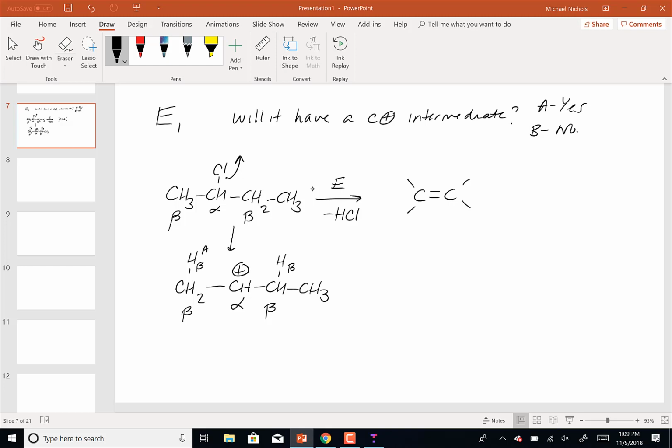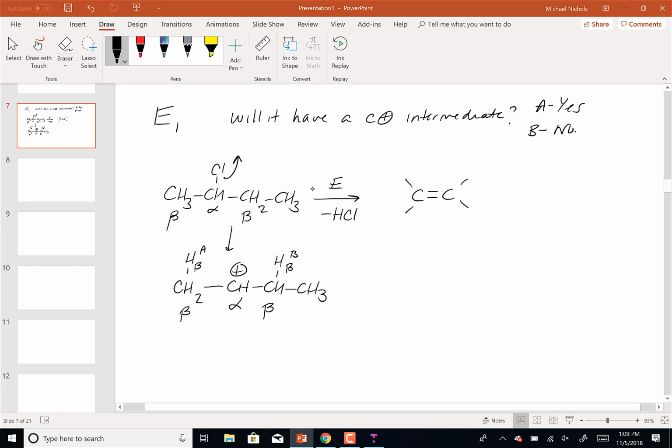So in this case, I have two beta hydrogens that could be lost that'll produce two different products. Beta hydrogen A and beta hydrogen B. So if I lose beta hydrogen A, and we'll write the transition state for this, I'm going to have the pair of electrons go to form the double bond, and I'm going to lose H plus in the process.